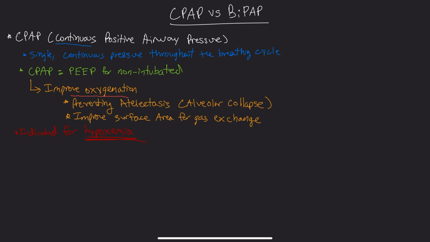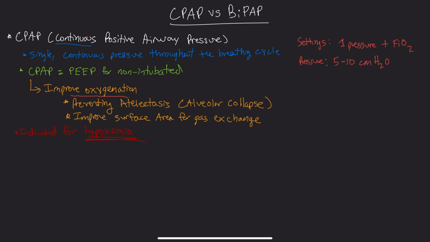Okay, typically with CPAP, your normal settings here, you're going to have one set pressure and your FiO2 setting. And this pressure is typically set somewhere between 5 and 10 centimeters of water. Okay, so that's just a quick one of CPAP.